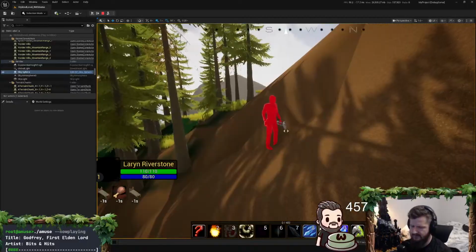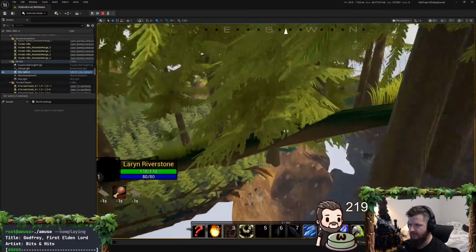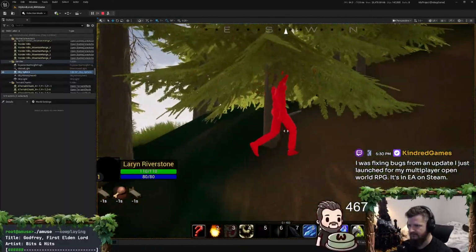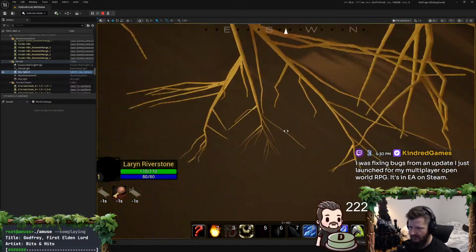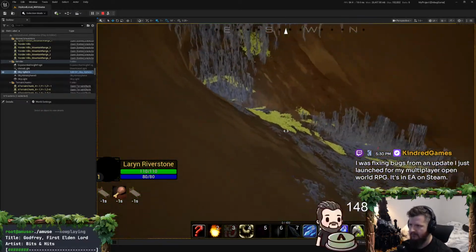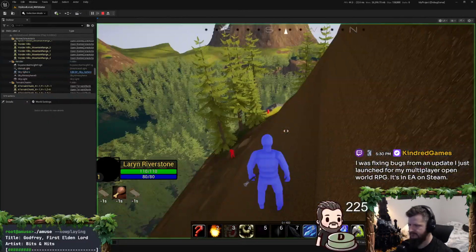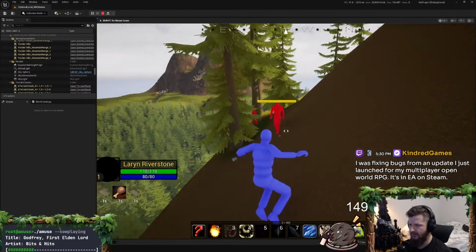I have a velocity processor and a gravity processor running, and we're just trying to make sure that's working nice. The gravity processor should be settling these guys on the terrain, and the velocity processor should be properly moving them along the terrain. That's what we're working on at the moment.